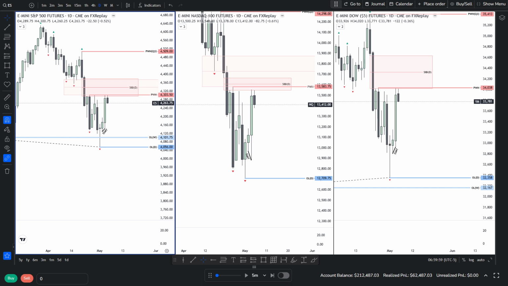So near term, yes, we can be potentially bullish based on the 4-hour time frame, but still overall institutional order flow is bearish. Okay, so that's where I am in relation to that.